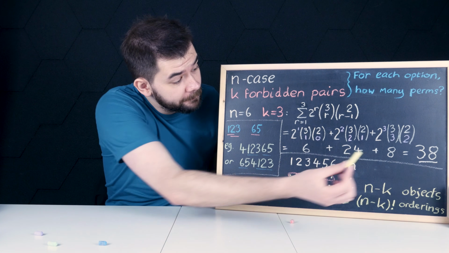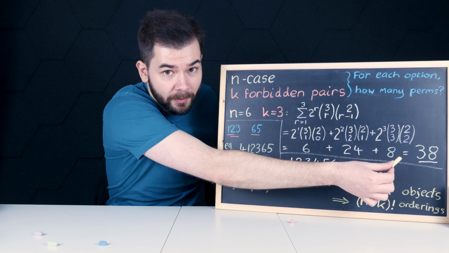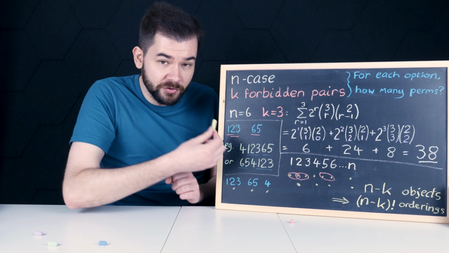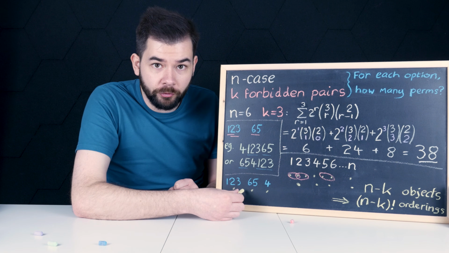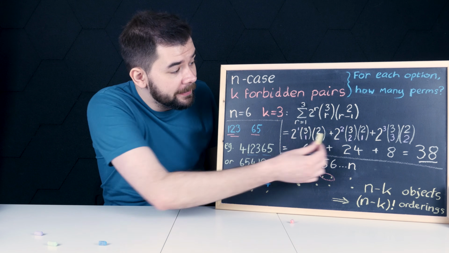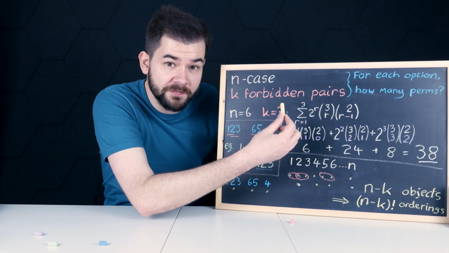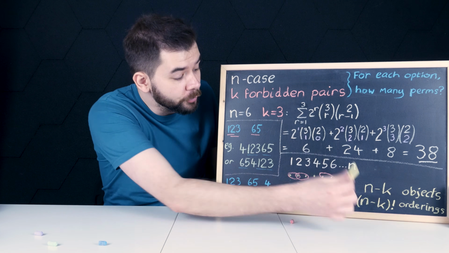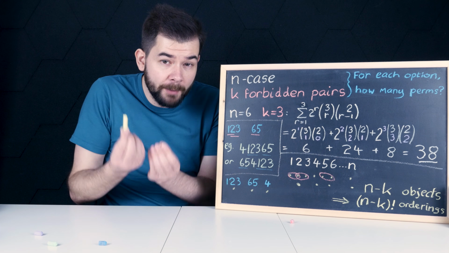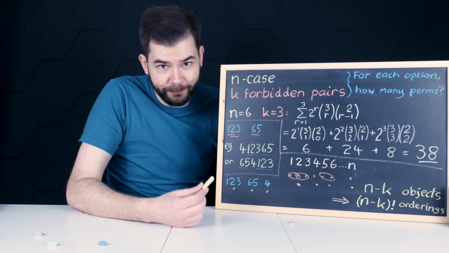And remember, this is true for each of our 38 possibilities. So each of the 38 options for how the forbidden pairs are structured has 3 factorial permutations associated with it. Or in general, this giant formula here, which produces the number of possibilities, needs to be multiplied by n-k factorial, because that's the number of actual permutations for each possibility.